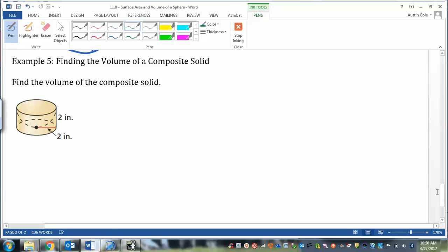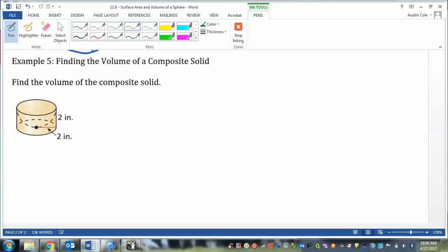All right, so what does it mean to have a composite solid? It means that you're taking a bunch of different figures and making one figure.